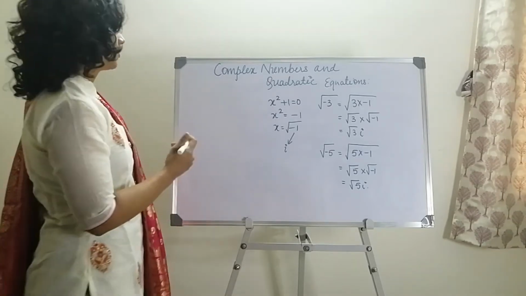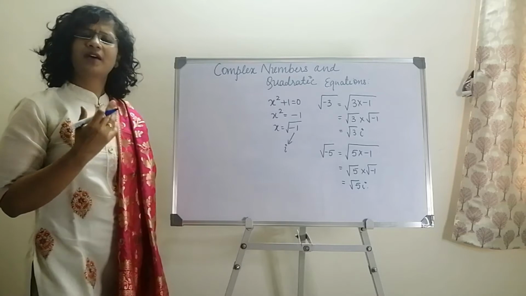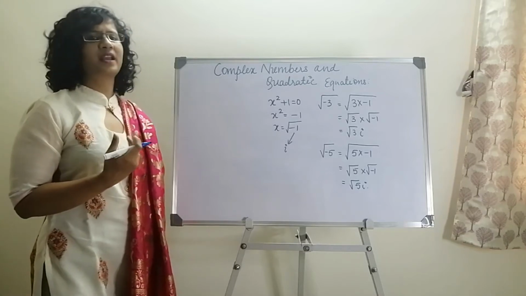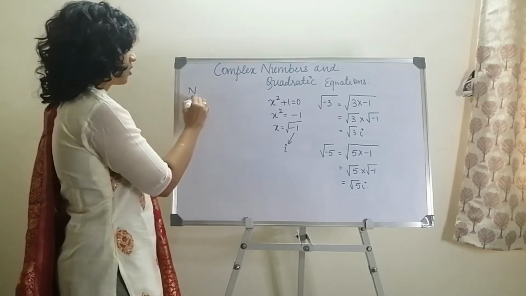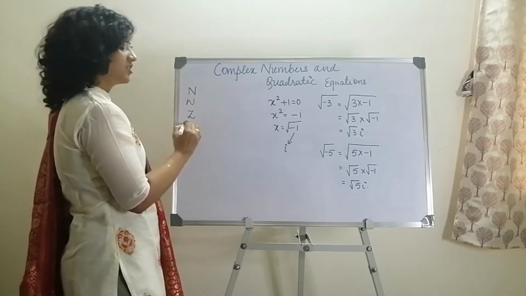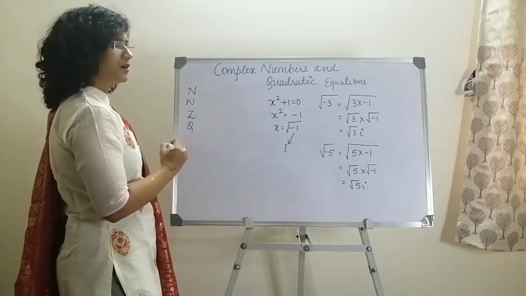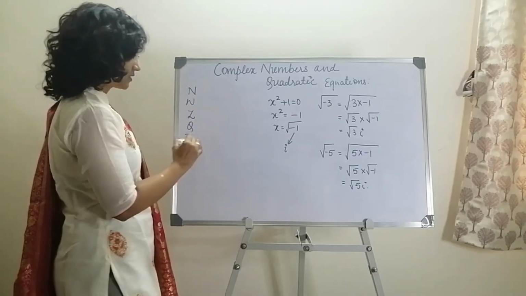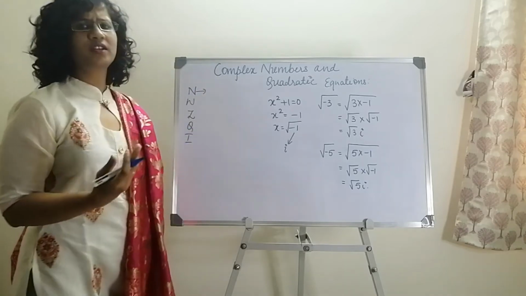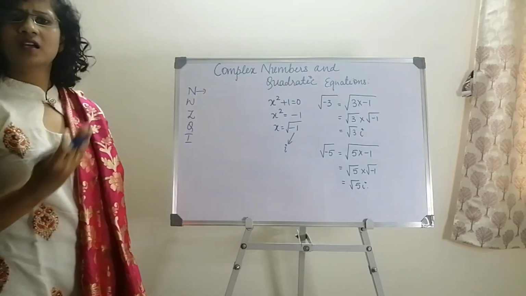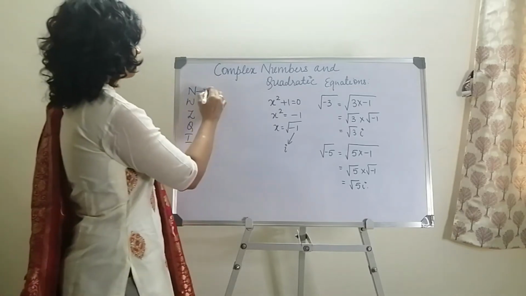Now, in our lower grades, we have also come across different varieties of numbers. We have come across natural numbers, whole numbers, integers, rational numbers, irrational numbers, correct? Natural numbers are the countable numbers starting from 1, 2, 3.